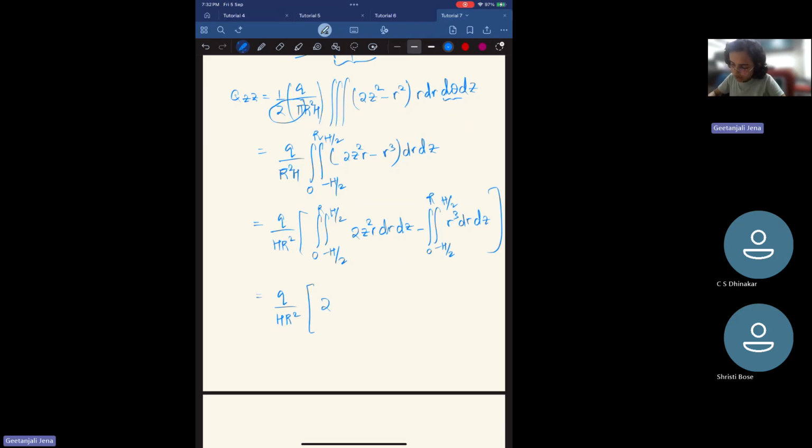2, z squared will give z cubed by 3, from minus H by 2 to H by 2. r will give r squared by 2, from 0 to R, minus r cubed will give r to the 4 by 4, from 0 to R, and dz will give z from minus H by 2 to H by 2.